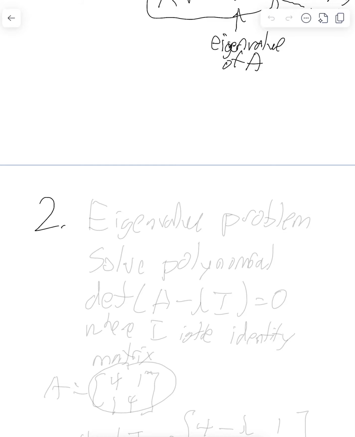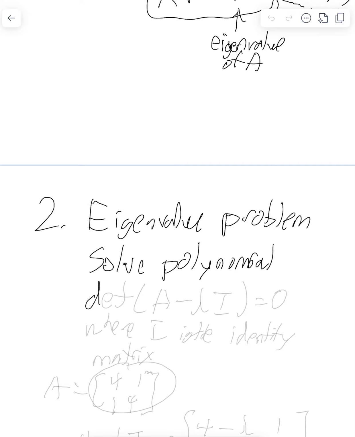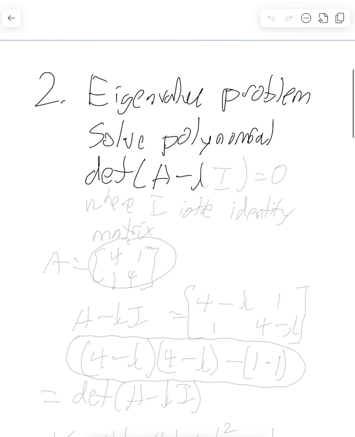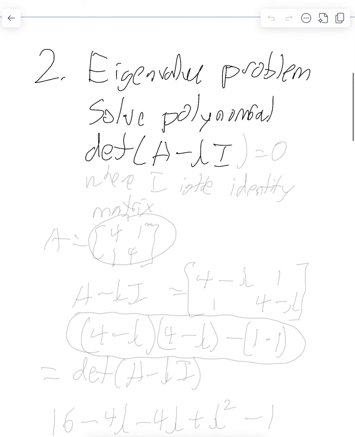This is the second part of the problem, so it's just an eigenvalue problem. You would just solve the polynomial of the determinant of A minus lambda I equals 0, where I is the identity matrix.